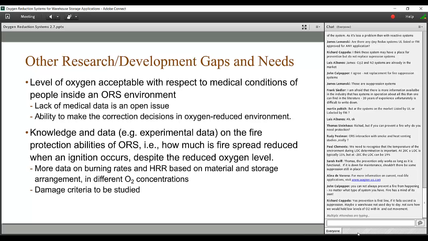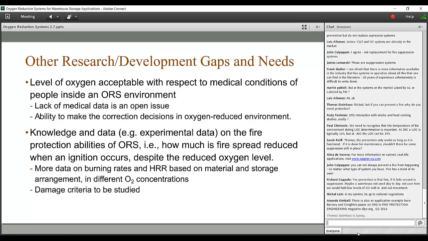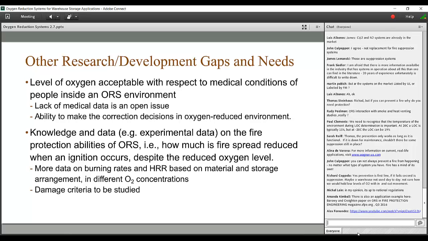And it's not only about the health issue, which was indicated in the table which Brian showed, but also the fact that at a certain moment, if you have to make certain decisions or take certain action in the environment, how well do you make a correct decision when you're maybe influenced by a lower oxygen concentration? I think there's data available from other areas, but we don't have any connection to this type of application.